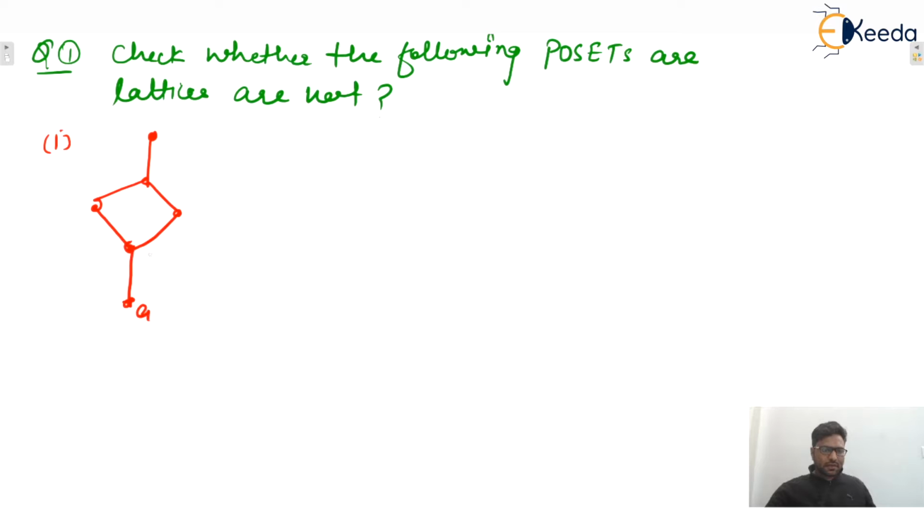Let's say this is A, B, C, D, E, F. Second one is what?